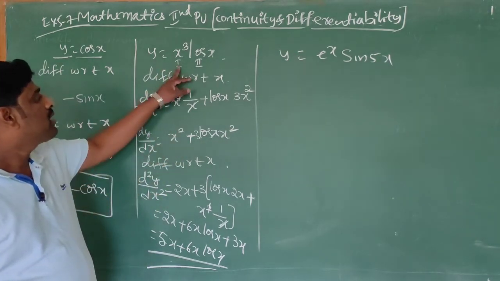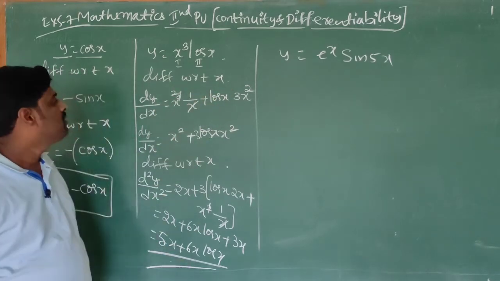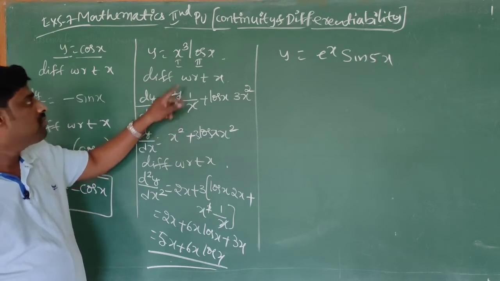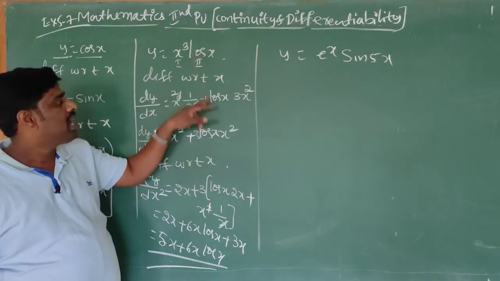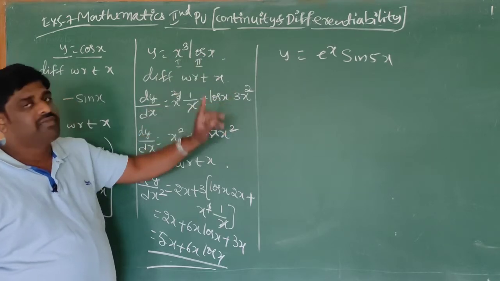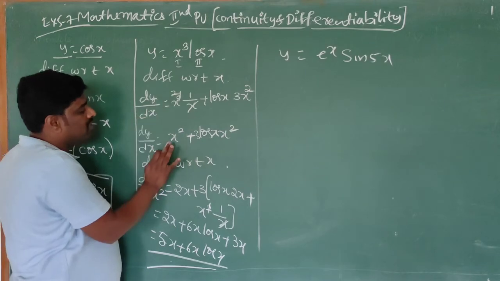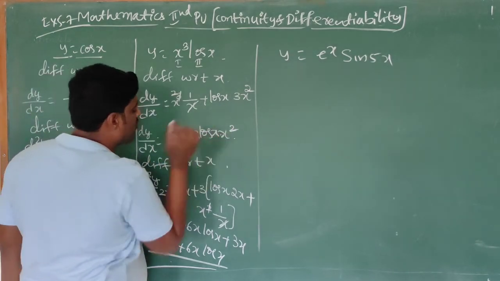Y is equal to x cube into log x. Differentiate with respect to x. So dy by dx is equal to x cube as it is, log x differentiation is 1 by x, plus log x as it is, x cube differentiation is 3x square. So x cancel, x square plus 3 into log x into x square.